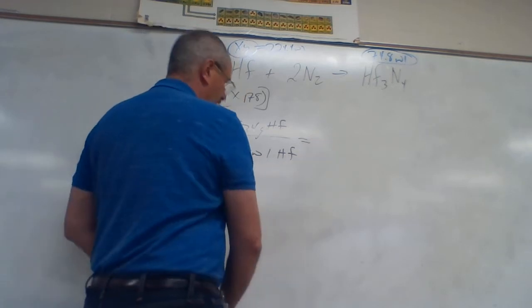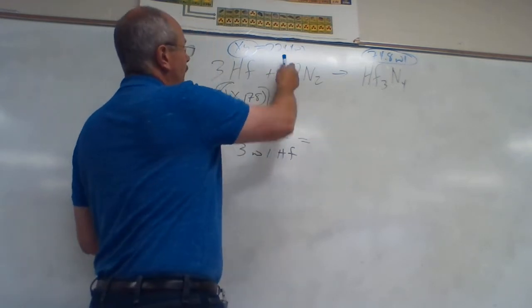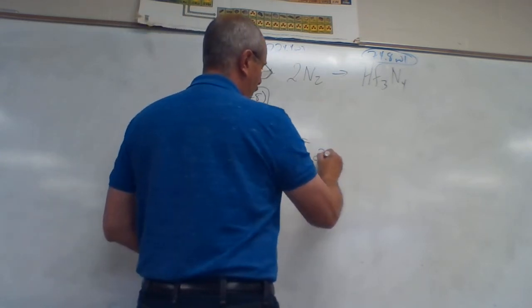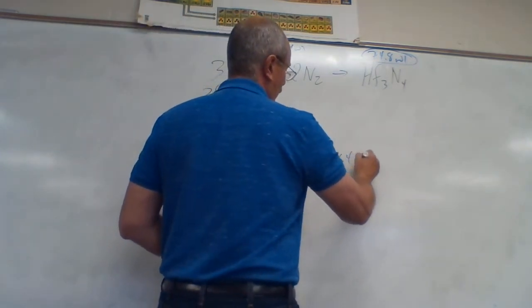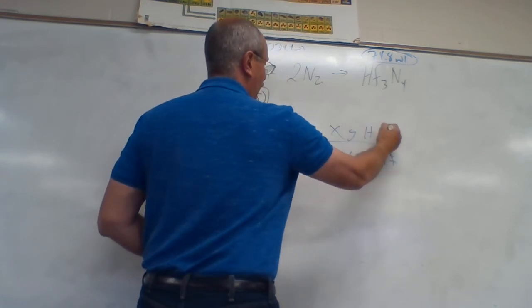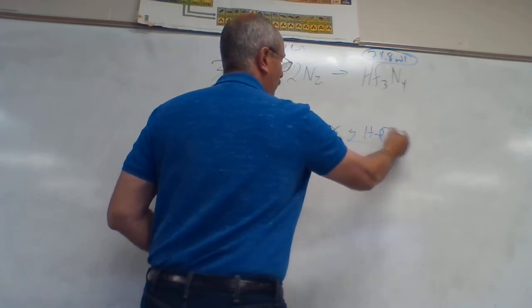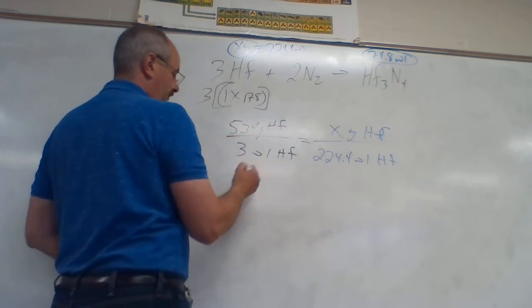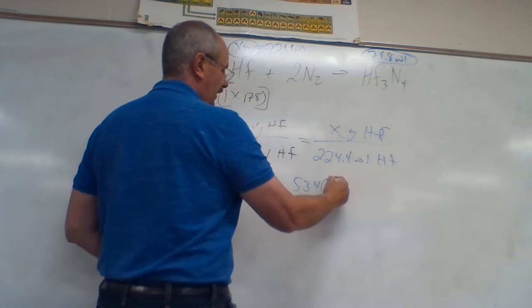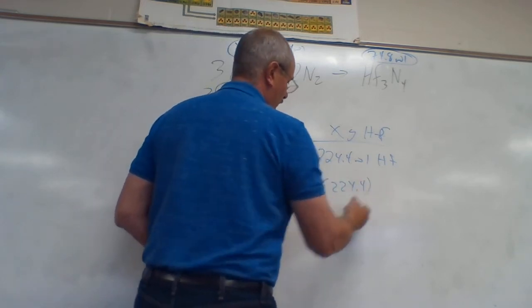Then we make that equal to, if I don't have 534 grams, oh, I'm sorry, I don't have 3 moles, I get 224 moles. Ooh, I got a lot of it. And we want to find X grams of HF. So cross multiply X times 3 equals 534 times 224.4.